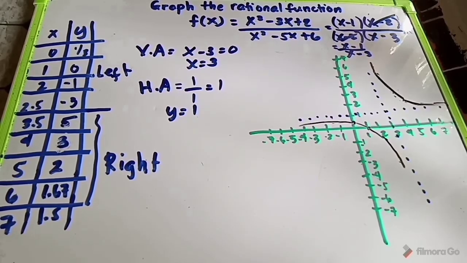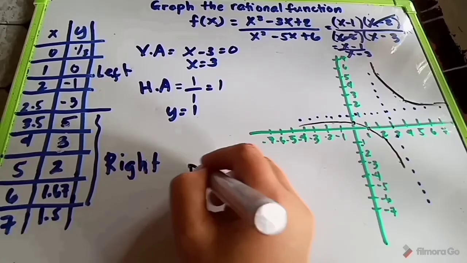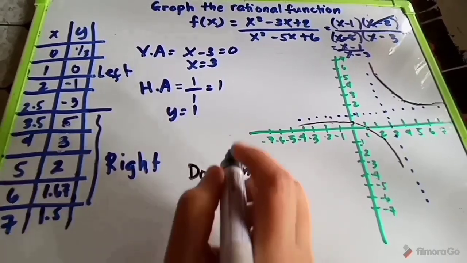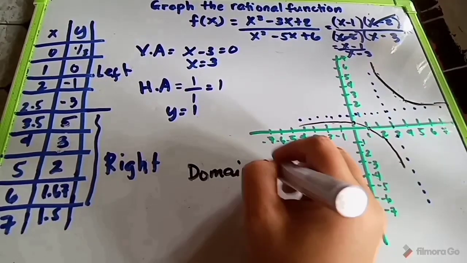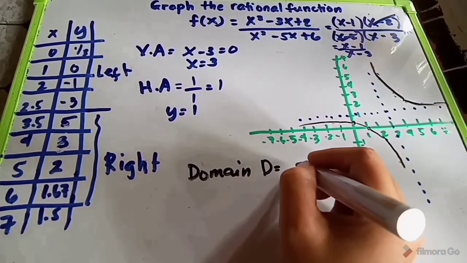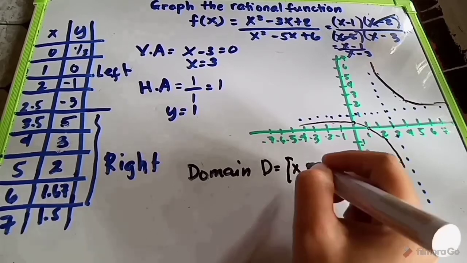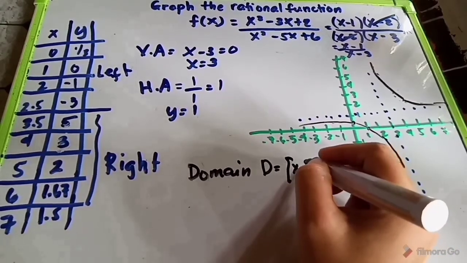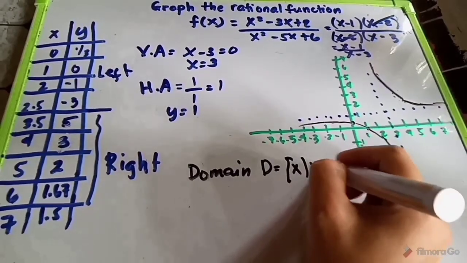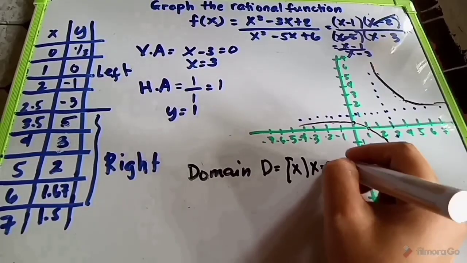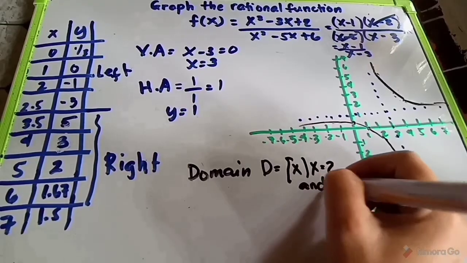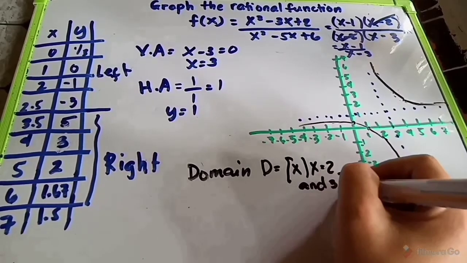And then let's look for the domain. How do we interpret the domain? So the domain here is the set of elements of x, not only x equal to 2 and 3.